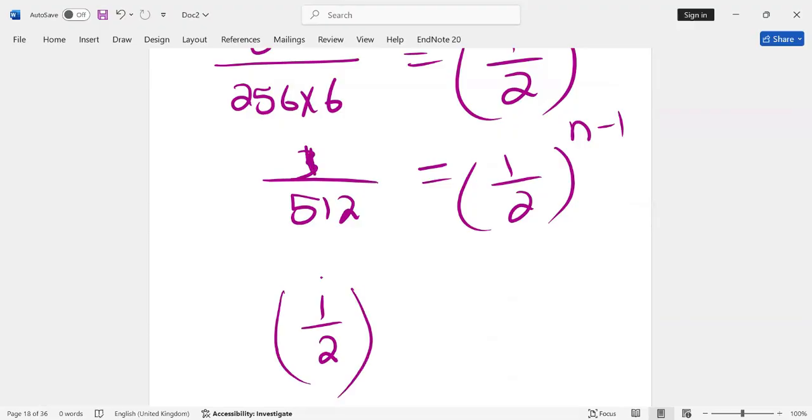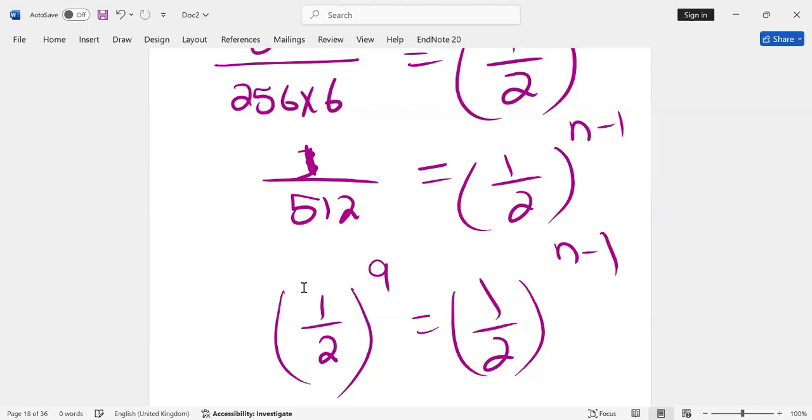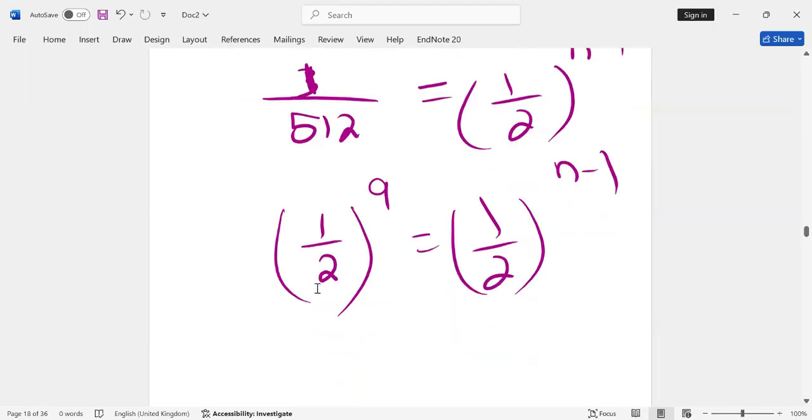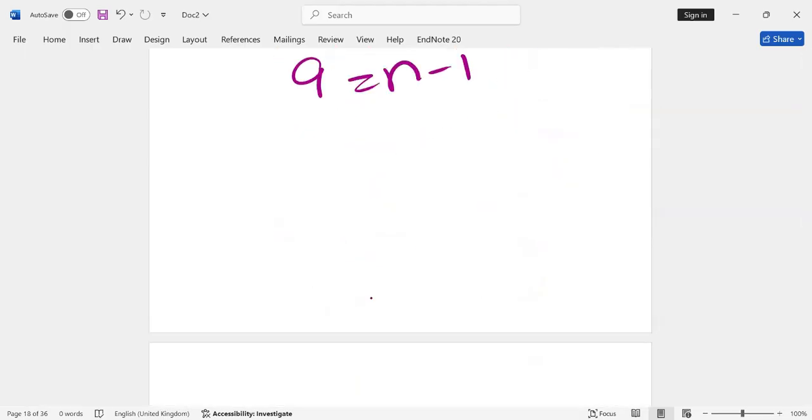Sorry, we have a 1 over here. When we cancel out the terms, we have 1 by 2 power of 9 equals 1 by 2 power of n minus 1. So when the bases are the same, we have 9 equals n minus 1, and we have the value n equals 10.